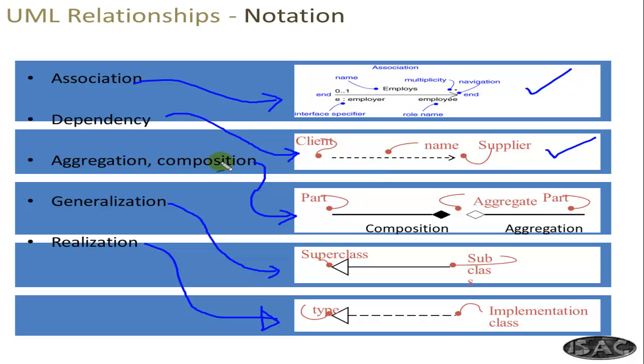Now come to aggregation or composition. In aggregation or composition, the whole is towards the diamond, and it is a part-of or aggregate-of relationship. So aggregation is like this, composition is like this. Generalization is a straight arrow towards the superclass, and towards the subclass there is nothing.